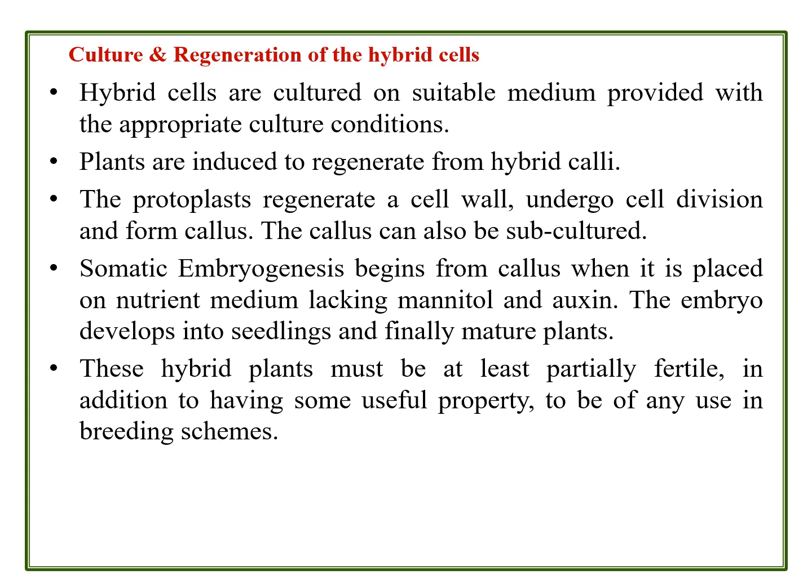Somatic embryogenesis begins from callus. When it is placed on nutrient medium lacking mannitol and auxin, the embryos develop into seedlings and finally mature plants. Very specifically, somatic embryogenesis begins once the callus is subcultured, as secondary or tertiary callus.